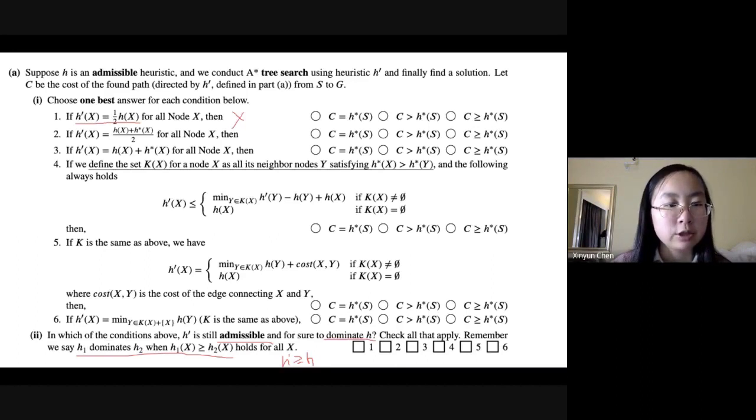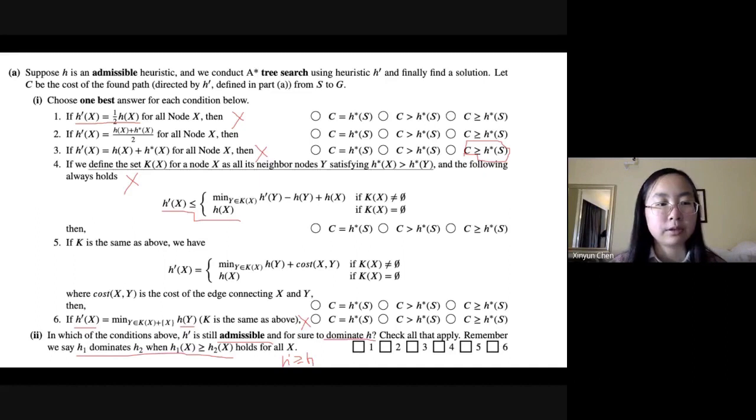And for the third condition, it is already not admissible. So also this will not be the answer. Then for condition 4, we want to show that h prime is not greater than h, so it is not the answer. Then for condition 6, similarly, it is not greater than h, so not the answer.